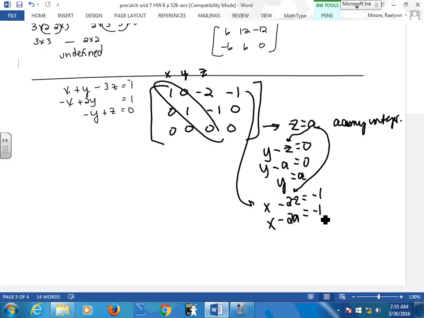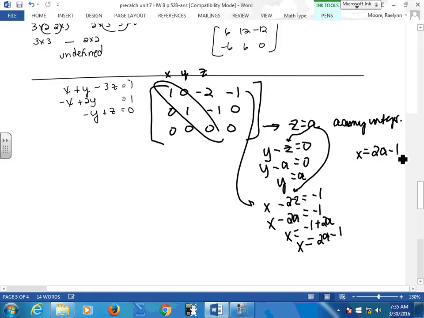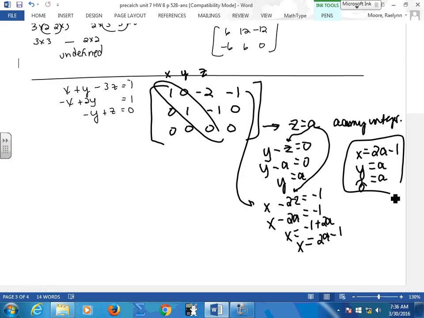So you're going to add this guy over. Or you could write it 2a minus 1, if that looks better. I don't think we did this one in class. This is different. So there's your x, there's your y, and there's your z. When a is any integer. Okay? Just so that you're a little familiar with that.